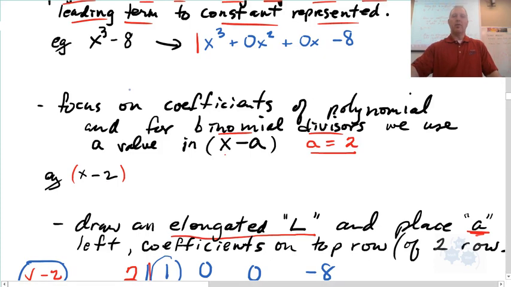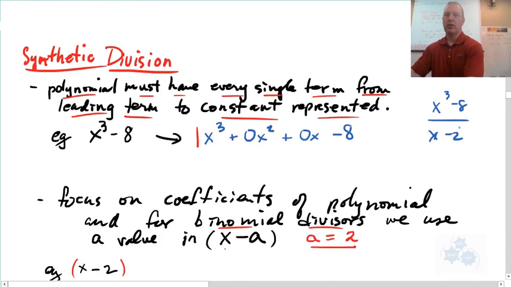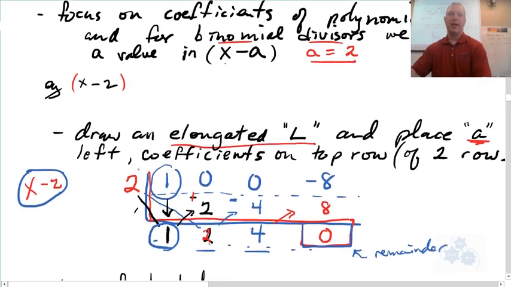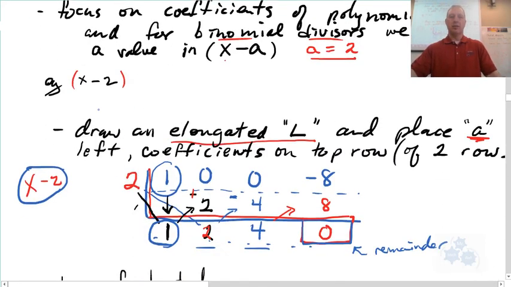So, for example, if we had x minus 2, that's what we're dividing up here. This is going to be our example, x minus 2. Then a is 2 here. If I had x plus 7, a would be negative 7.